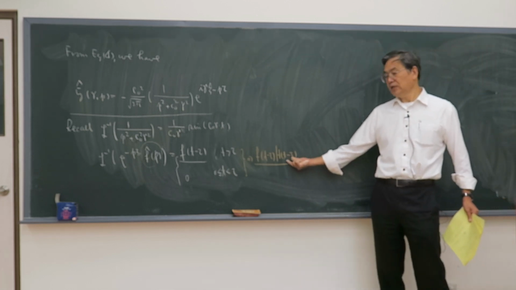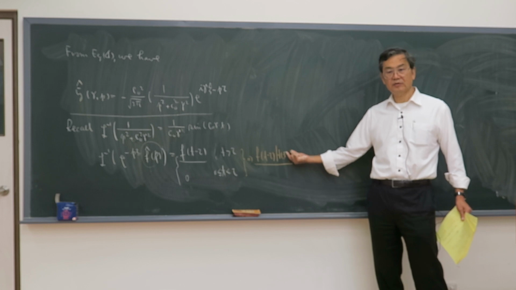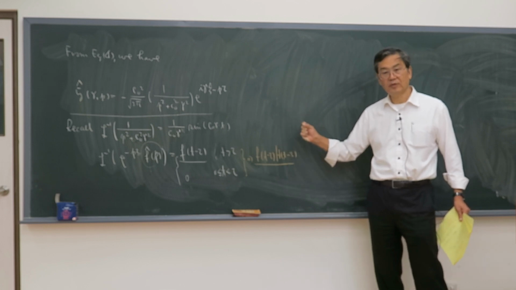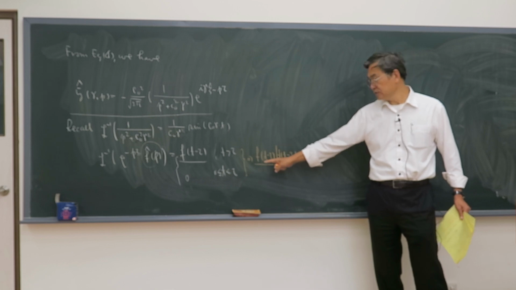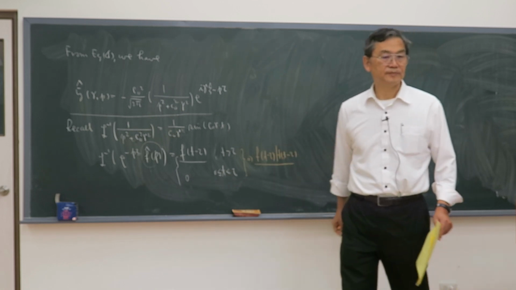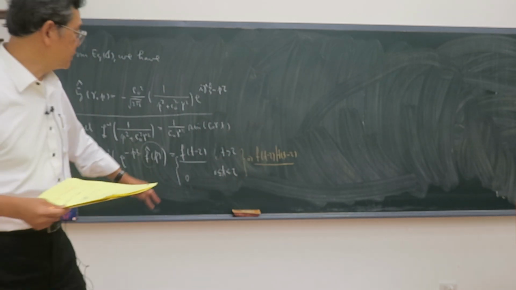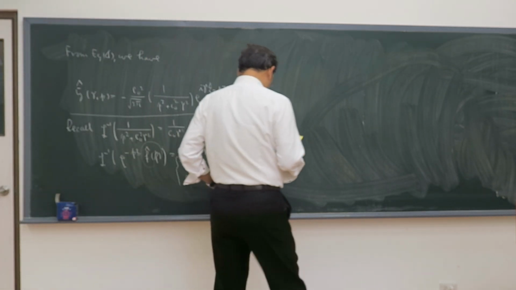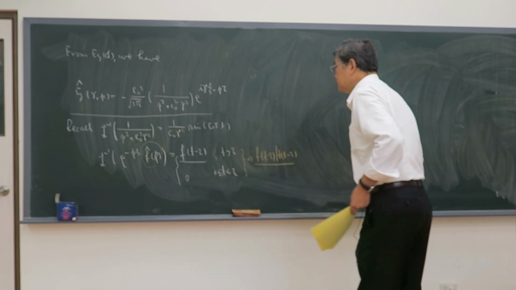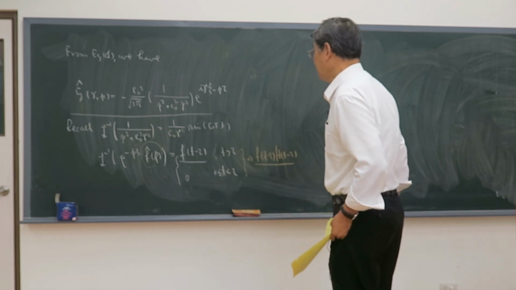When t is smaller than tau, this term equals 0, right? When it's larger than tau, equal to 1. So that will be this f of t. So the H is a Heaviside function.